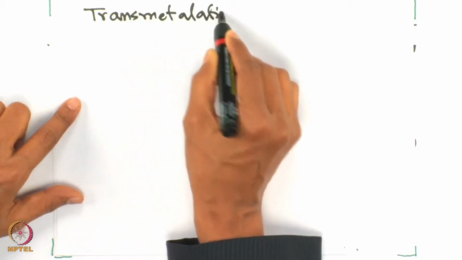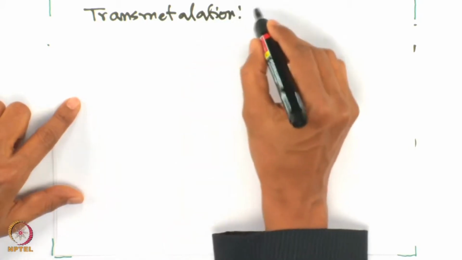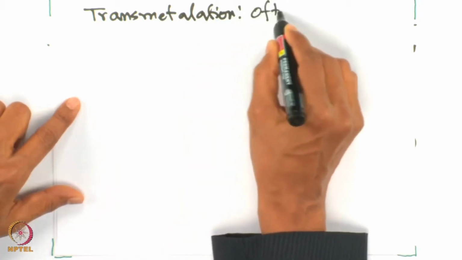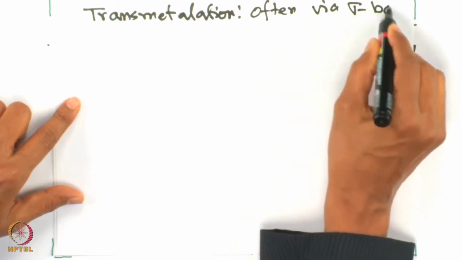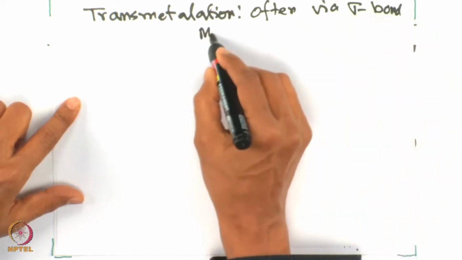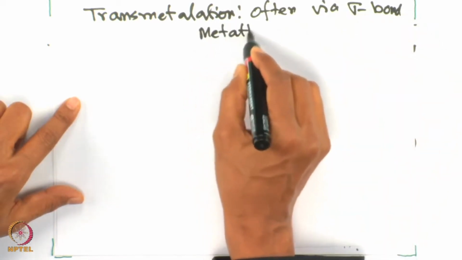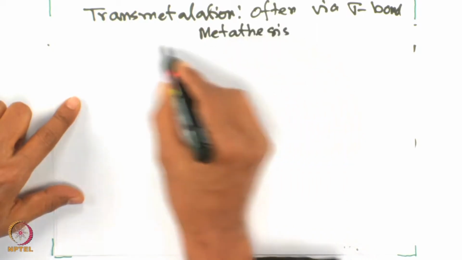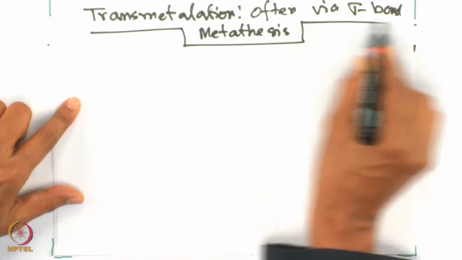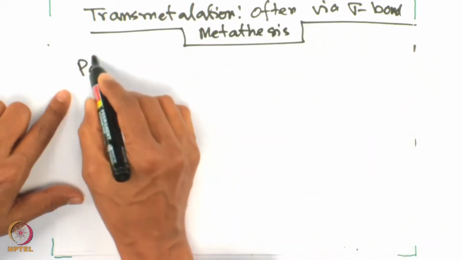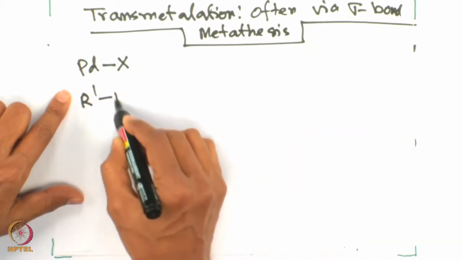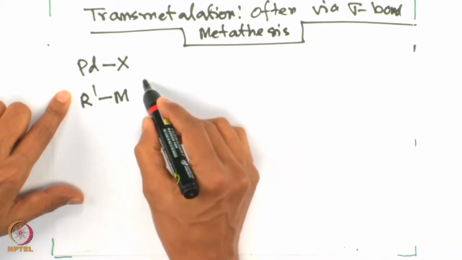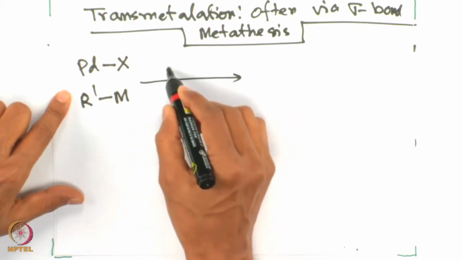Transmetallation often happens via sigma bond metathesis, which is quite interesting. What you have here is palladium X and the transmetallic reagent, R prime M for example.